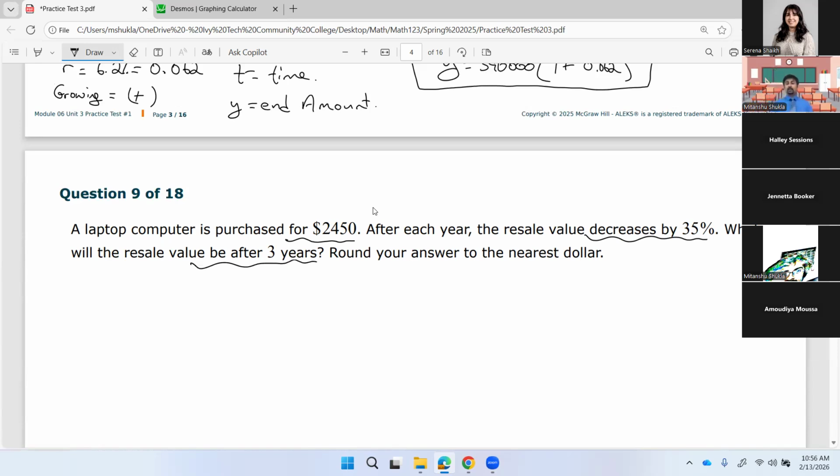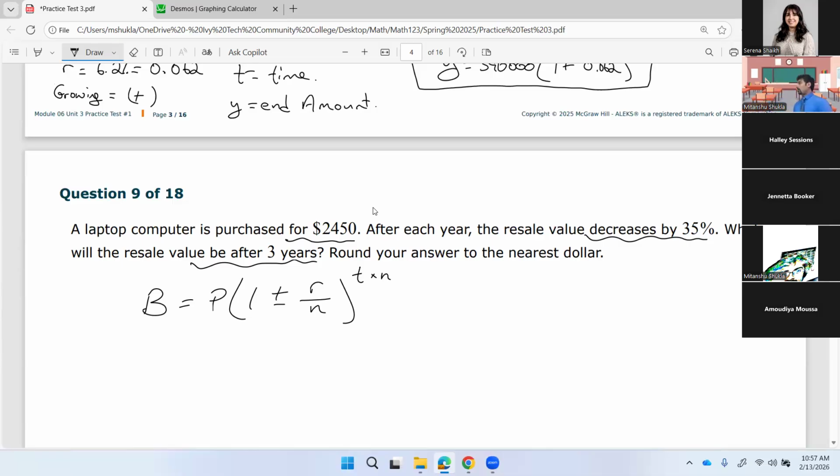So again, every year this thing is going to decrease by 35% in value, right? So I know that this is a compounded exponential model, which means that balance is equal to the principal times 1 plus or minus rate over n, raised to the time times n.